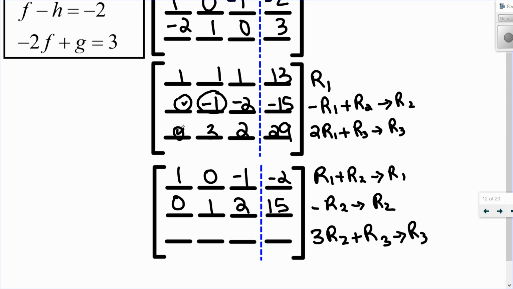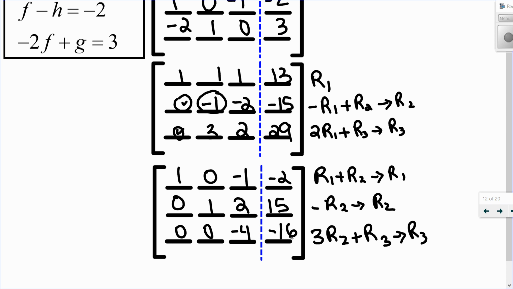So 3 times 0 is 0, plus 0 is 0. 3 times negative 1 is negative 3, plus 3 is 0. 3 times negative 2 is negative 6, plus 2 is negative 4. And 3 times negative 15 is negative 45. I'm going to add that to 29, and I get negative 16. Okay, we're getting there.